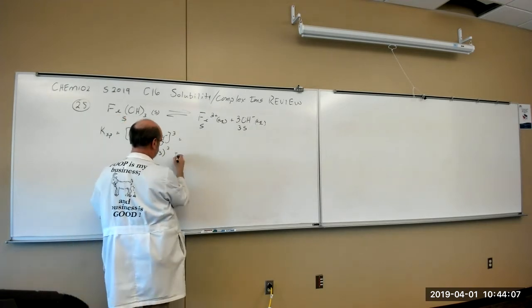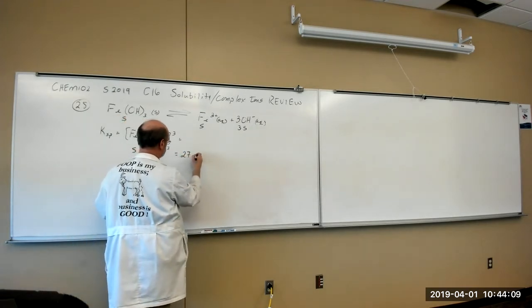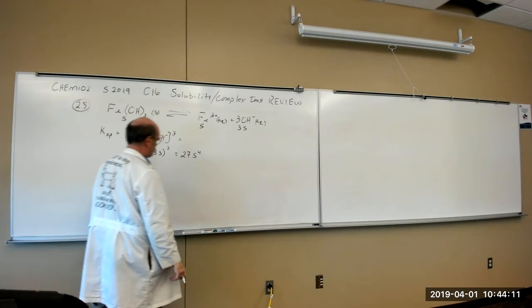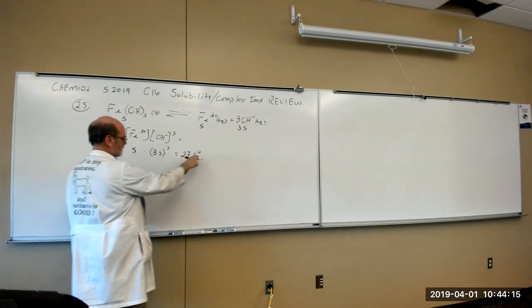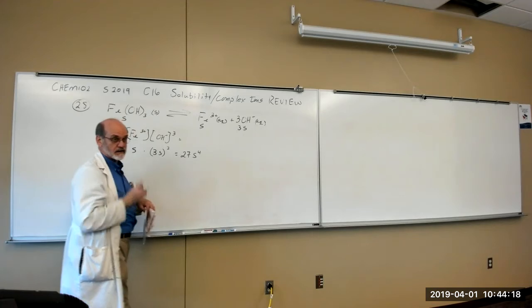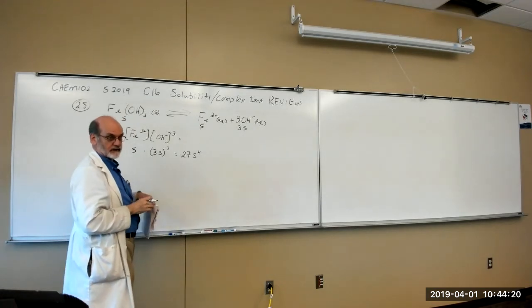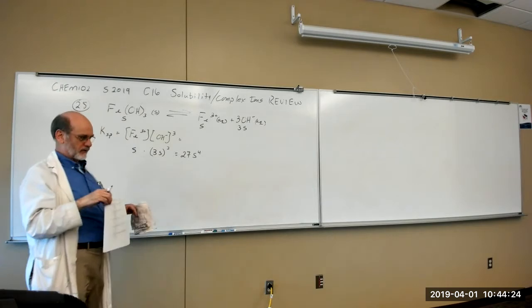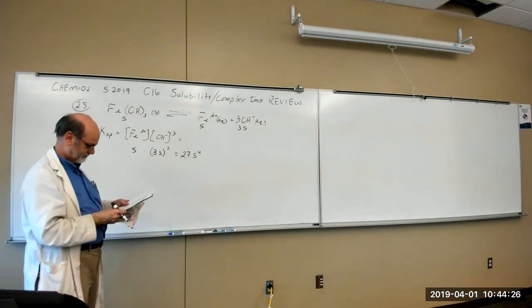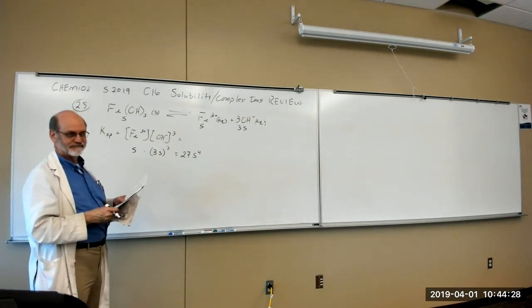So that's 27 S to the fourth, because that's S cubed, and this is S to the first. It's S to the fourth. Oh, that's right. Add the exponents. It's just remembering basic math here at this point.